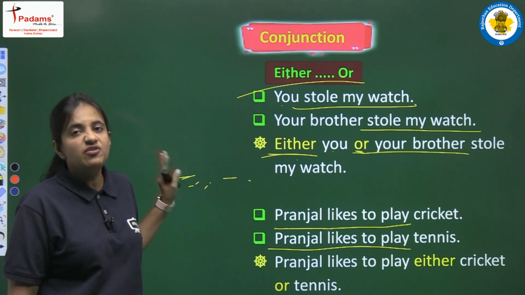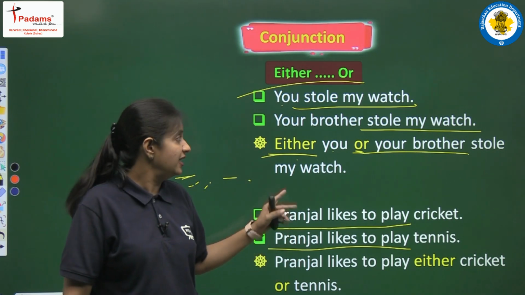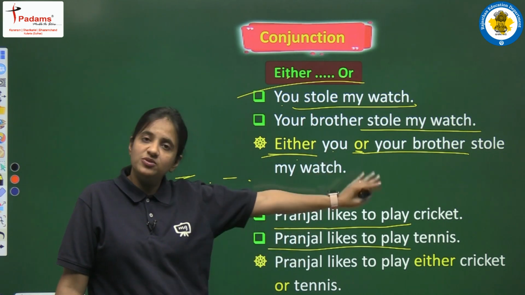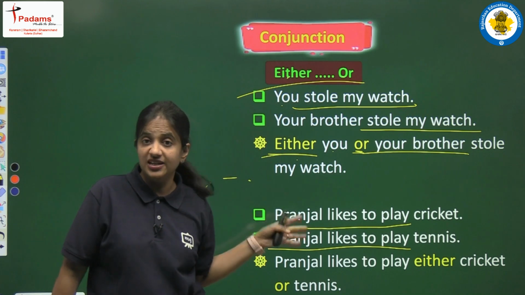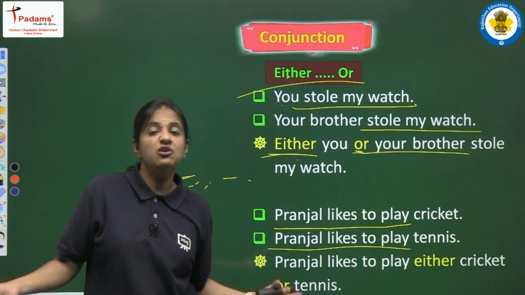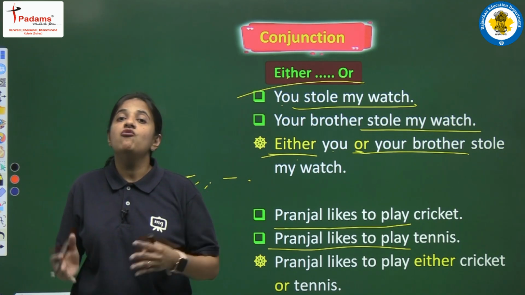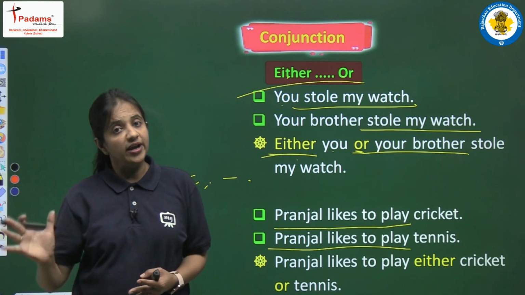So yes, students, we are having so many examples here. Why? To understand this thing, that in some sentences the subject can be common and the object can be different, and in some sentences the object can be common and the subject can be different. In any way we can have the sentence, but we have to understand this thing only: whatever the different part is, we have to use the conjunction to join the different part.